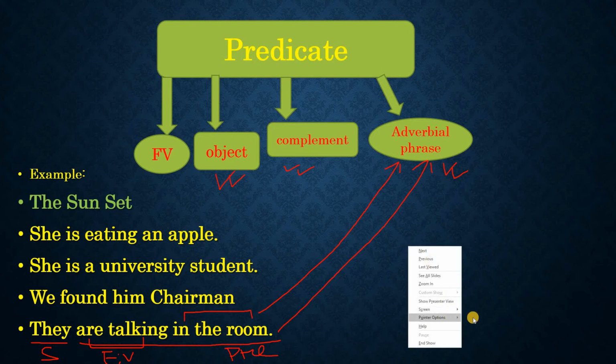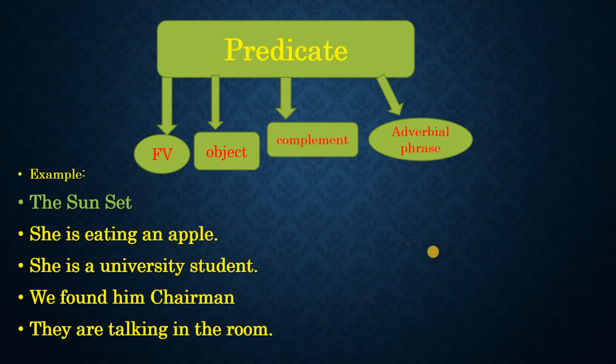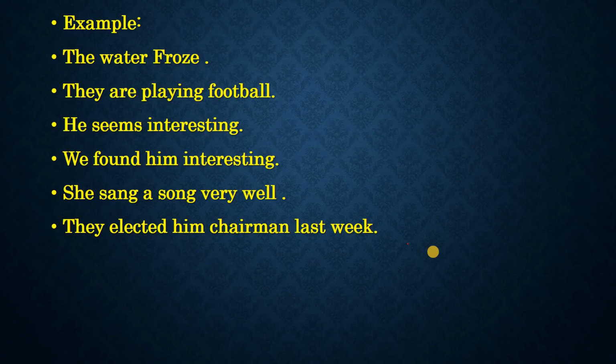Now I am writing the words. Next, I have already given you some examples, so we have to try to find out in the predicate part which elements are included. So dear students, try to understand and think deeply according to my lecture.